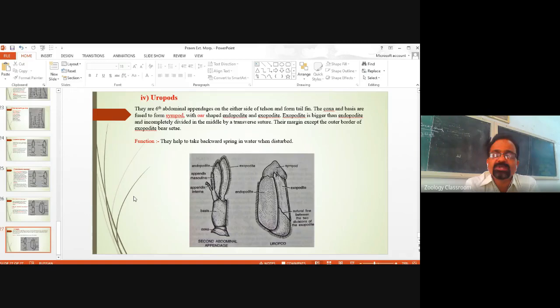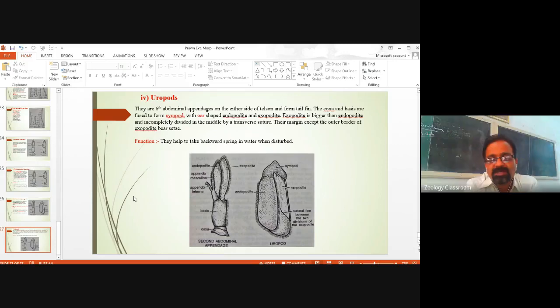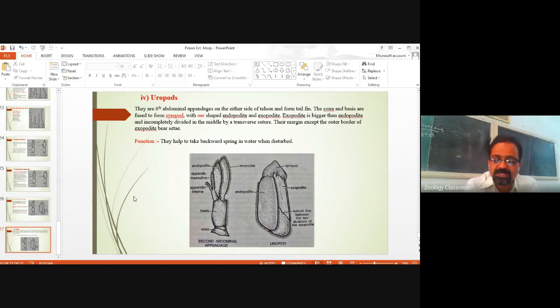The cephalothoracic region bears 13 segments. Cephalic have 5 pairs of appendages and thoracic have 8 pairs of appendages. How many pairs are present in the abdominal region? Total 6 pairs.